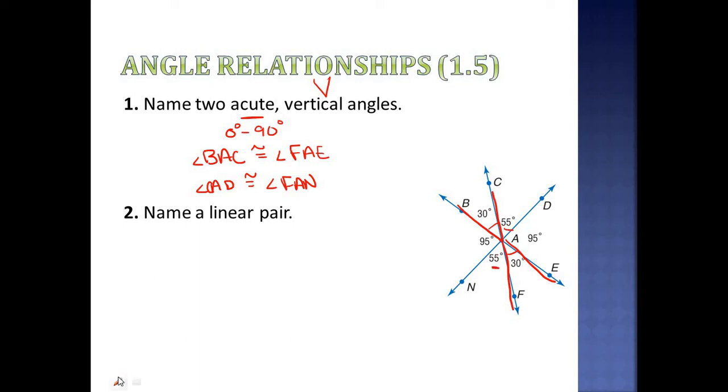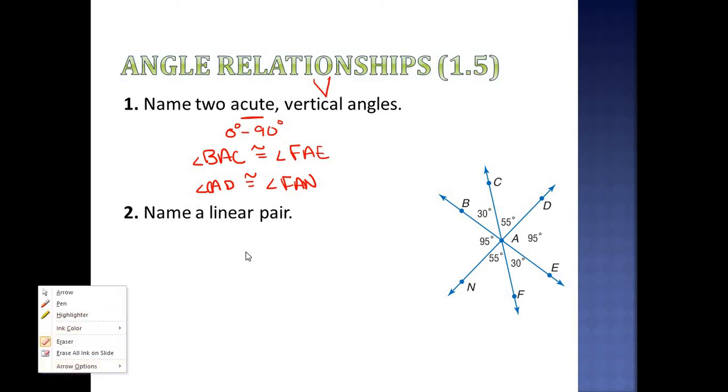All right. Linear pairs. Linear pairs, remember, are adjacent angles whose non-common sides are opposite rays. They also have a sum of 180 degrees. So we basically can take any line here and we could find a linear pair.